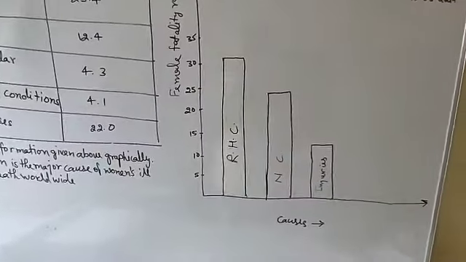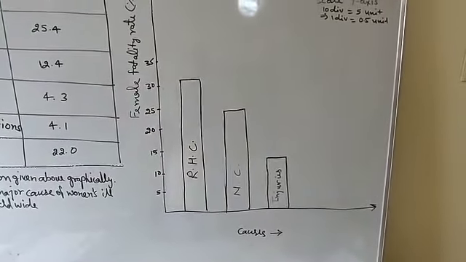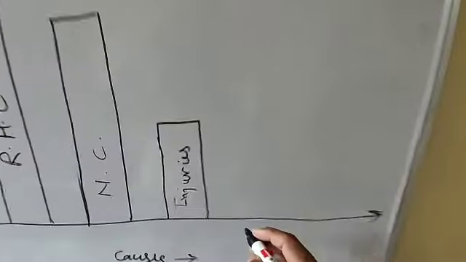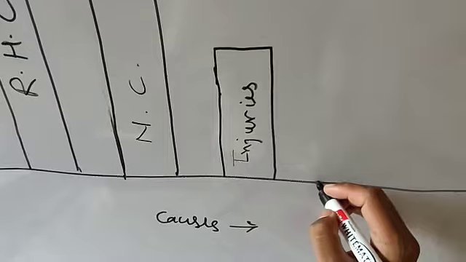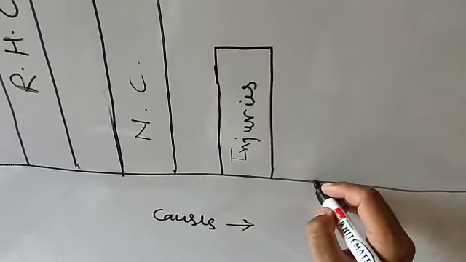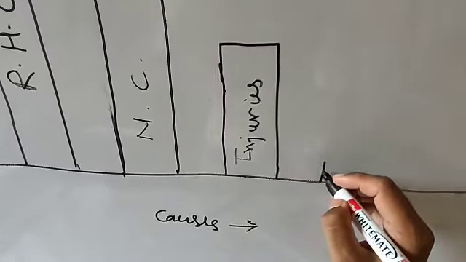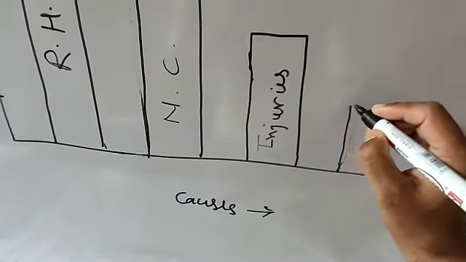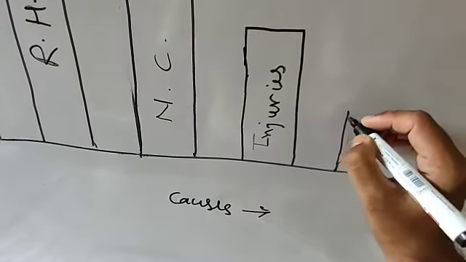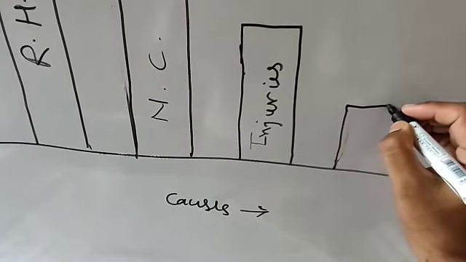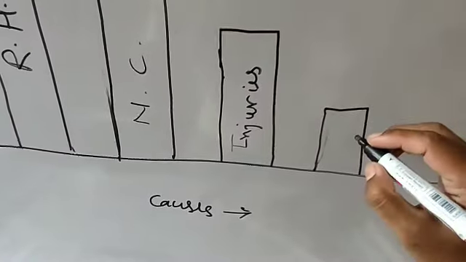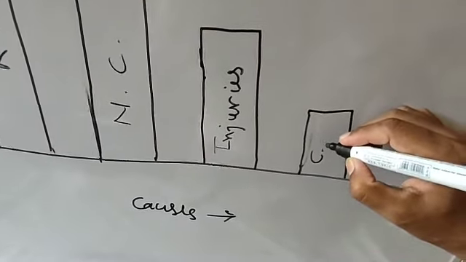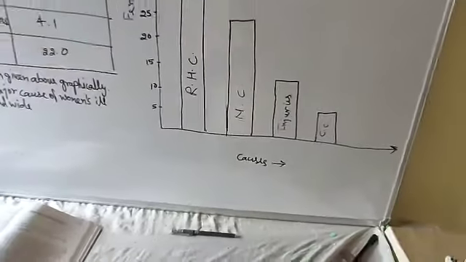So here you will write injuries. Now the fourth one is cardiovascular condition. For that 4.3 is there. So here it is 5. Just below the 5, one small box below the 5 you will get 4.3. So here it is CC. In short I have written CC.